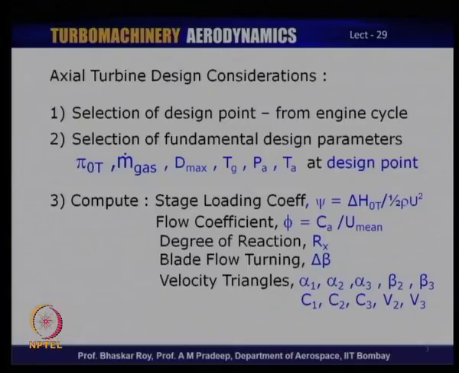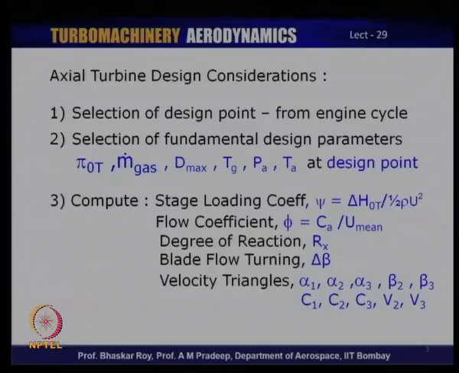In many books, the u is normally the u mean square, but in many actual applications people often use u tip square. That means the tip blade velocity of the particular turbine. Rho of course, is the entry density of the gas that is passing through the turbine, and delta H of course, is the total work done in terms of total parameters.